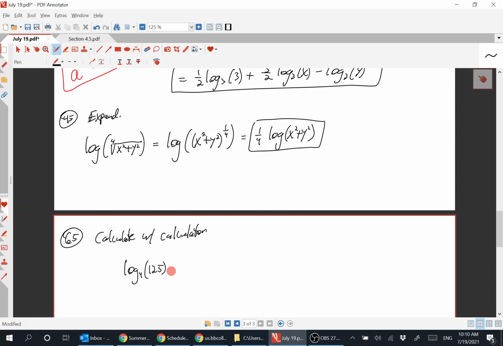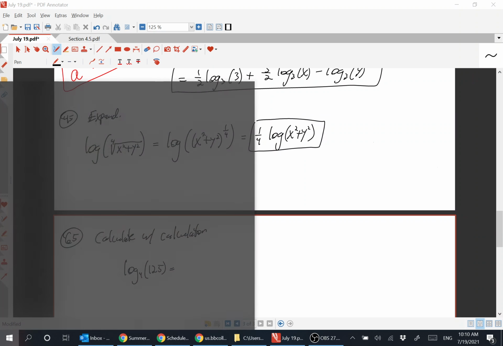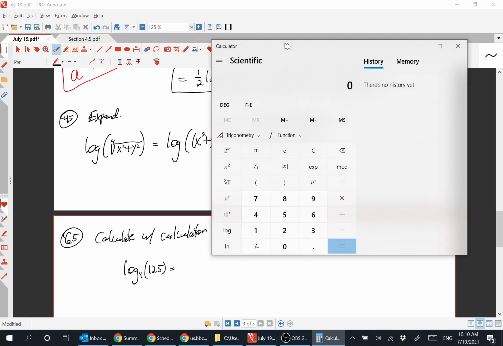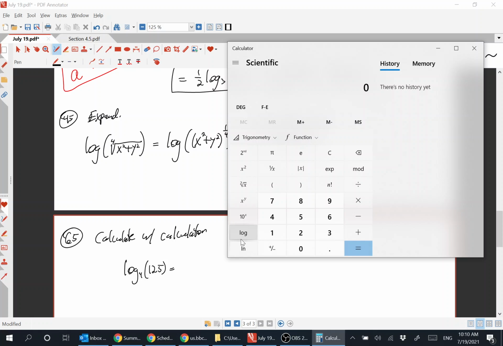Okay, so there is no log base 4 button on your calculator. I mean, typically your calculator will have log and ln. You can use either one, whichever one you like.